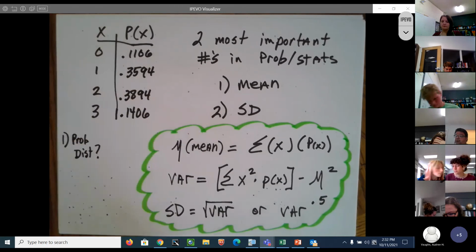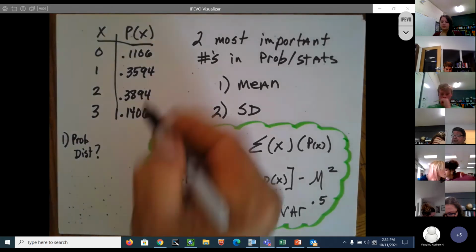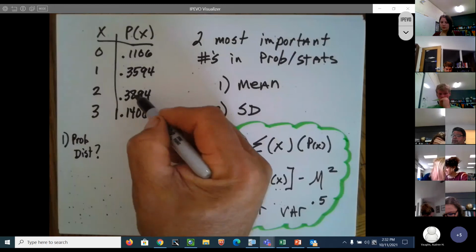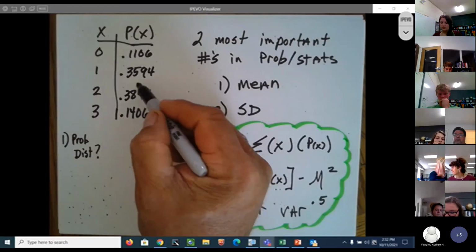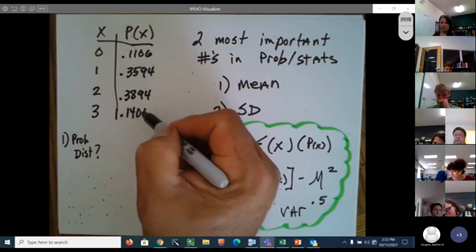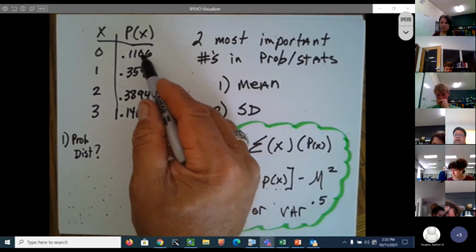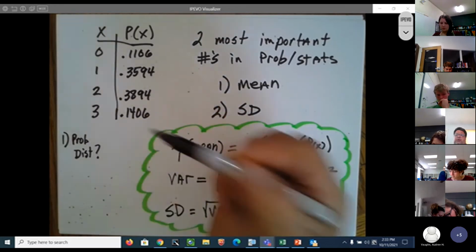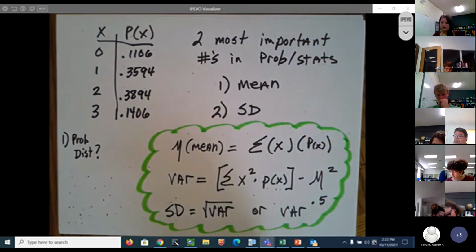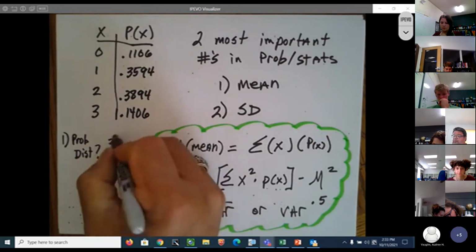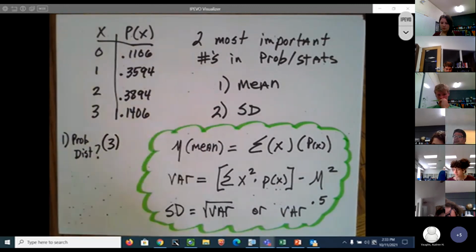And you're going to put it through those two tests. You're going to see if there's any negatives or any numbers greater than 1. And then you're going to check to see if you add all these up, if it's equal to 1. That's 3 test questions that you'll see.